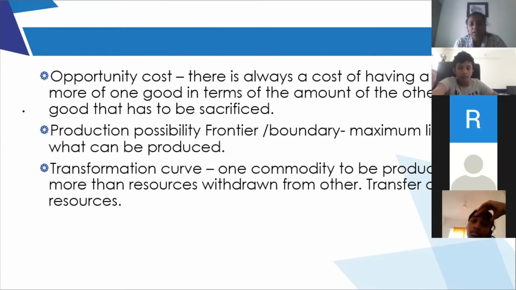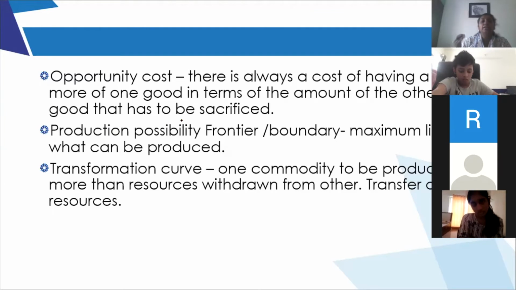Now, when you see the production possibility frontier, all the points that lie on the concave curve are the points where maximum or efficient usage of resources is happening. If your economy is functioning below that curve, it is not utilizing all its resources properly.